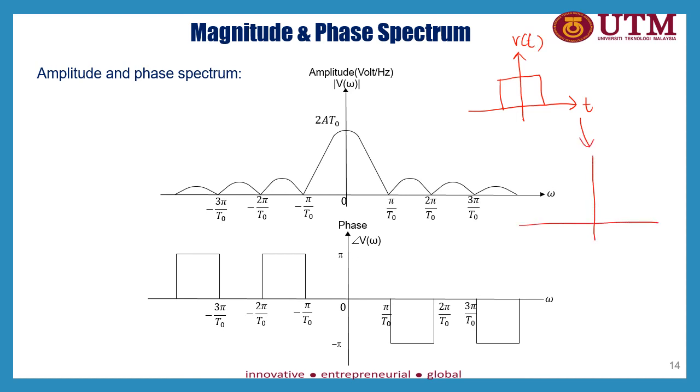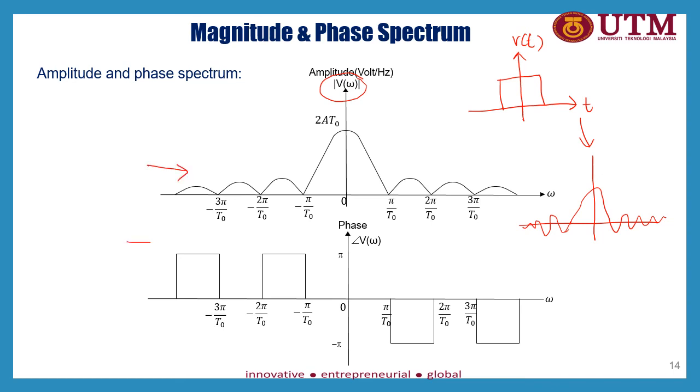So this is how the sinc function looks like. Okay, but in this case, if you notice, this is the magnitude. So all negative amplitude will be positive. So the magnitude spectrum can be drawn as this.